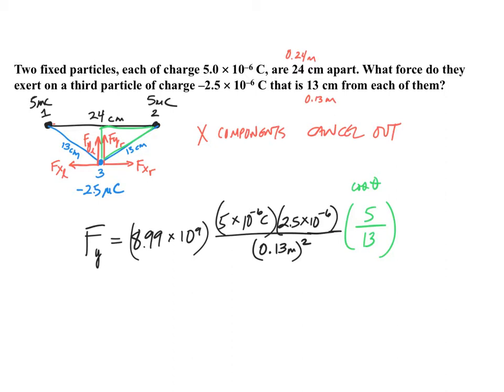And so this works out to be 2.56. But I have two of them. Okay? So 2 times that. So that means at the end of the day, I'm going to have a force that's equal to 5.12 newtons.